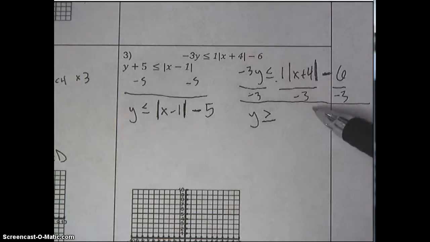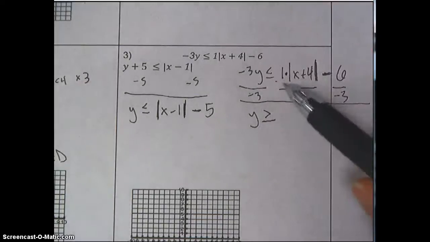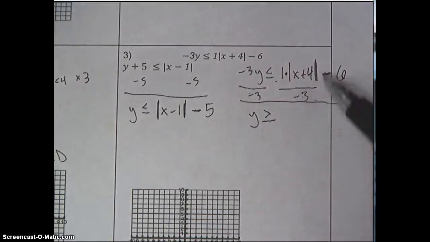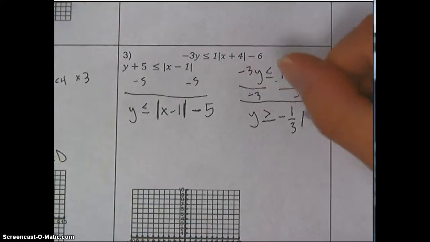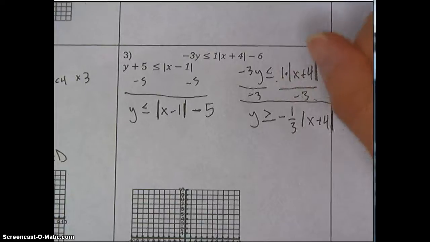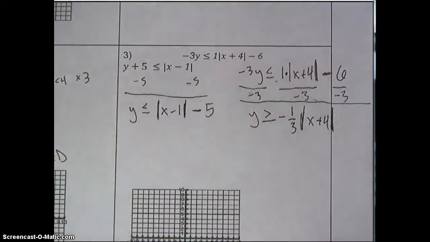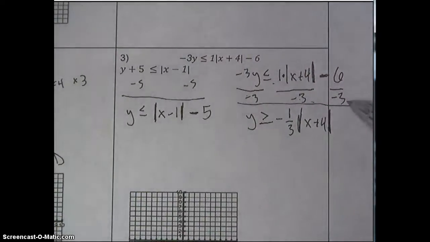It's actually easier than it looks. You're going to want to do this 1 divided by negative 3. Since this is multiplication in here, we can just do it to this first term here, and then we can move that fraction out front. So this is going to become negative 1 over 3 absolute value of x plus 4. And then I've got this negative 6 divided by negative 3. Well, negative and negative makes positive. And 6 divided by 3 is just 2.